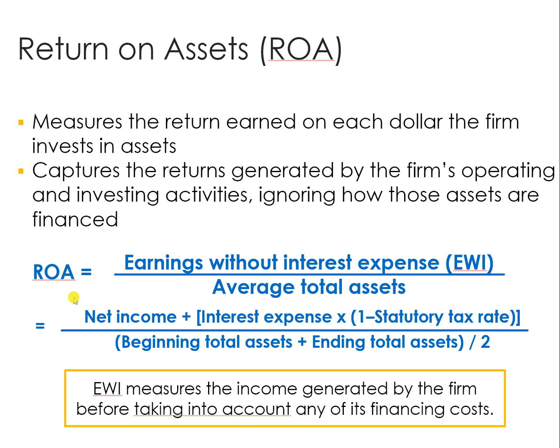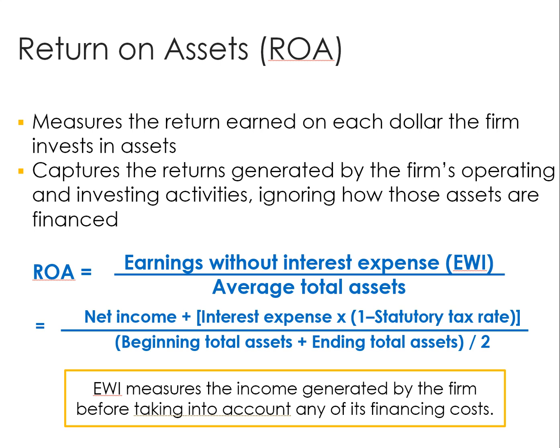So the calculation is earnings without interest expense. We're going to add back the interest expense effect and divide by average total assets.